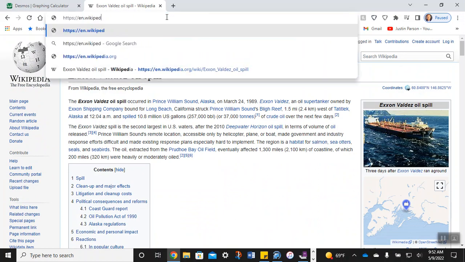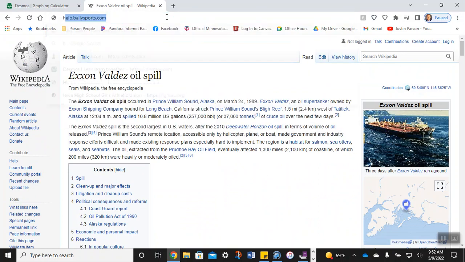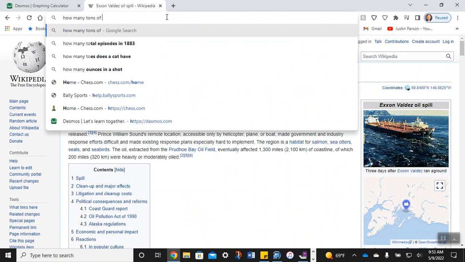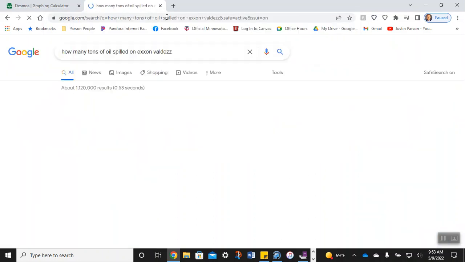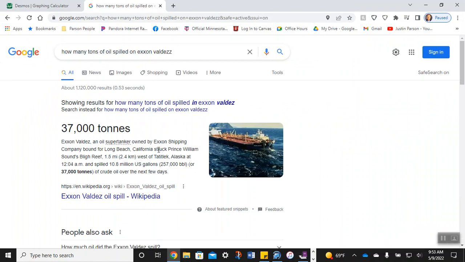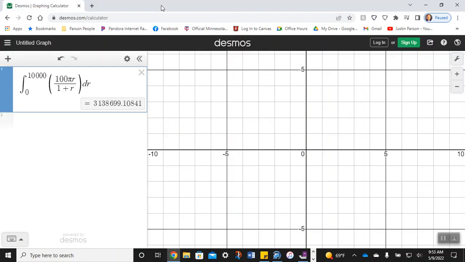How many tons of oil spilled? 37,000 tons, so about 10 times more spilled there than in our problem. It's a lot. Gosh. Okay. All right, so you guys have that number. What is that number then for the total? 3,138,699.